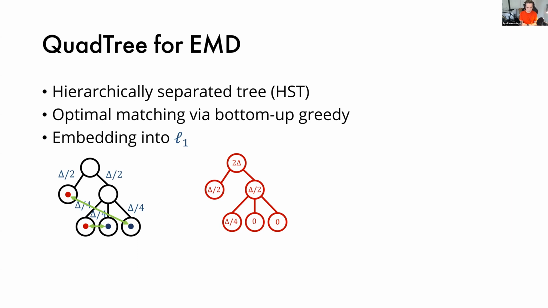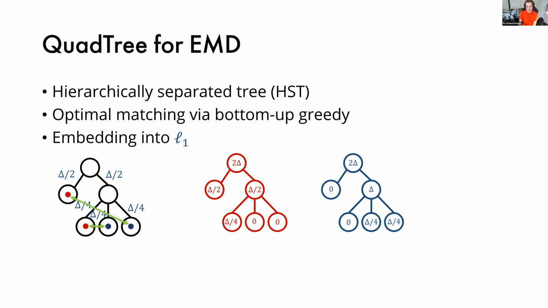The value of the coordinate is the scale of this level times the amount of mass in the subtree. You compute two such vectors and compute their difference. In the difference, we will have non-zeros only where we should be matching things bottom-up greedily.